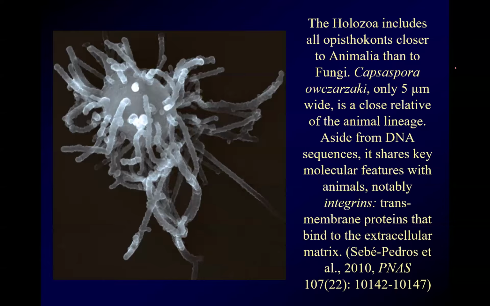They're a major part of the way that animal cells can sense and respond to what's going on around them. And they're not unique to animals. It turns out that holozoans have these too. So this thing has integrin proteins, even though it is not multicellular.